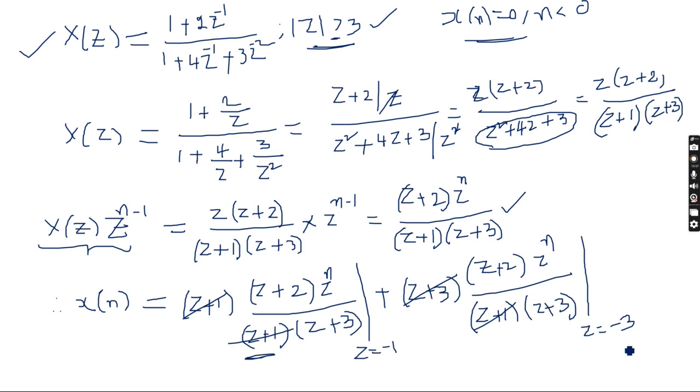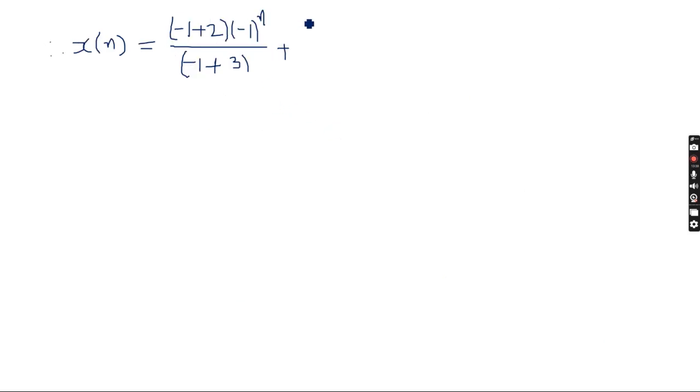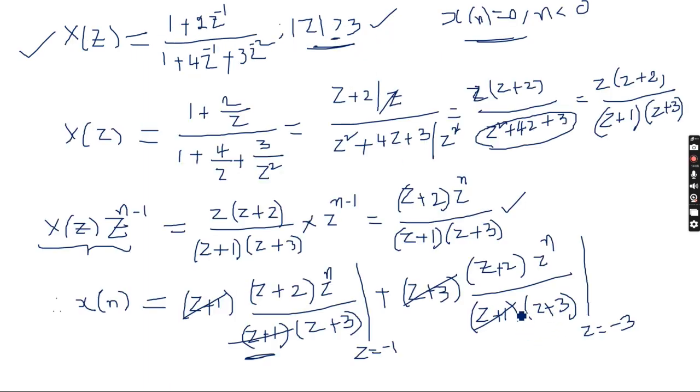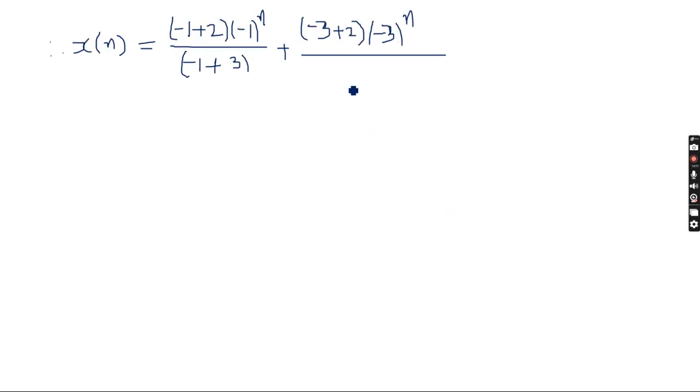Similarly here also the same, you have to substitute minus 3: minus 3 plus 2, z plus 2 into z power n, that is minus 3 to the power of n, by z plus 1. The denominator z plus 3 will cancel. So minus 3 plus 1.